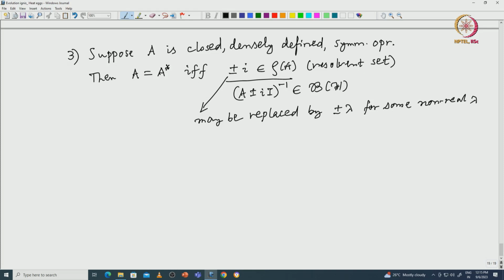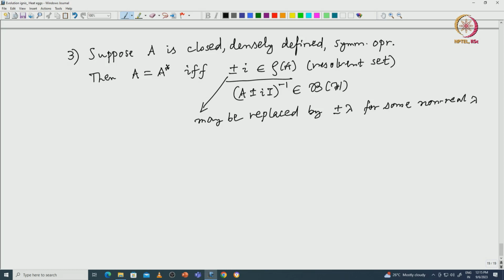Okay. So, this is an important result. So, it tells us when a symmetric operator, of course closed and densely defined, is self adjoint. So, again you see a condition on the resolvent. Okay, so that is important.